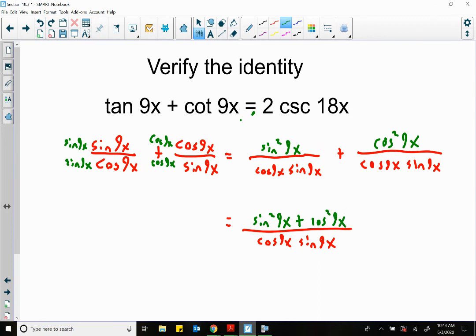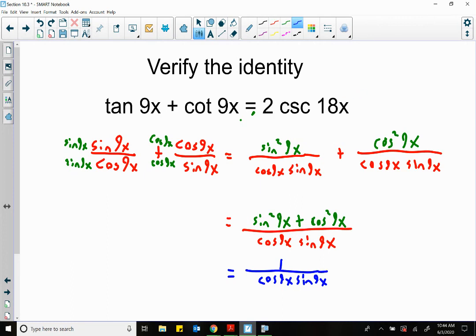Now that looks familiar. Sine squared plus cosine squared. We talked about that earlier. This is just the number 1. So what we have now is 1 over cosine 9x sine 9x.